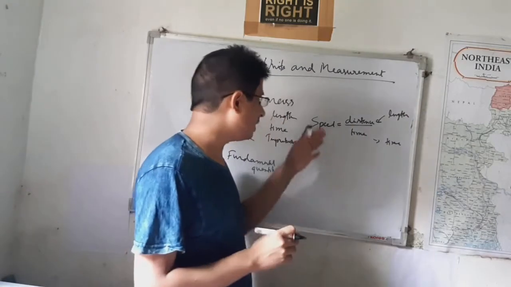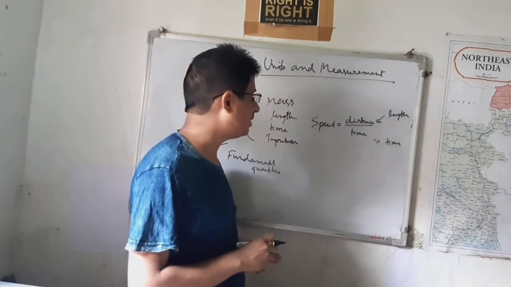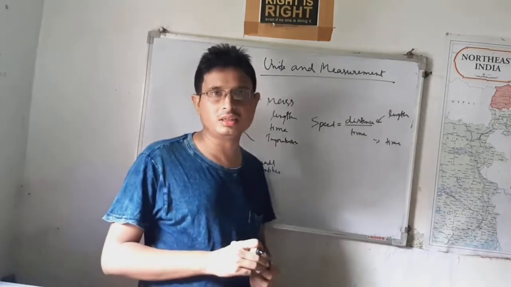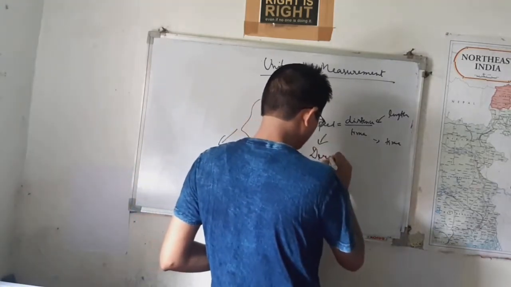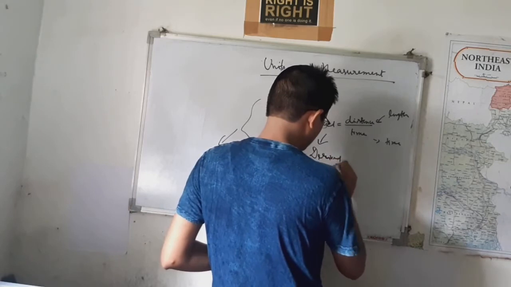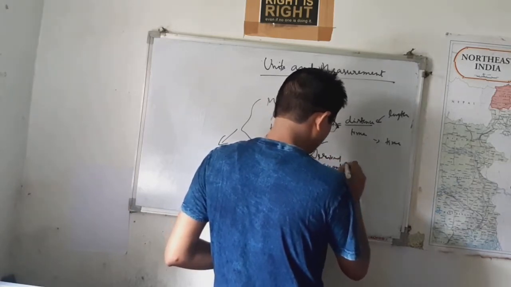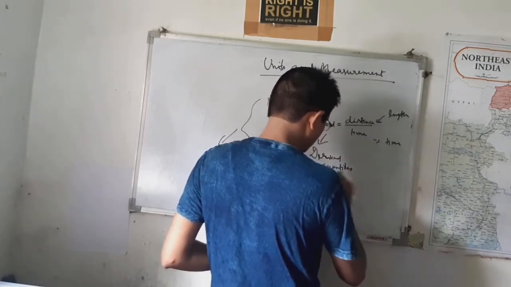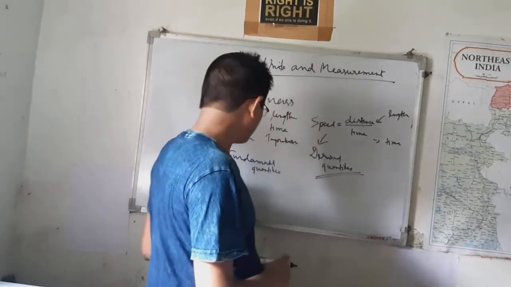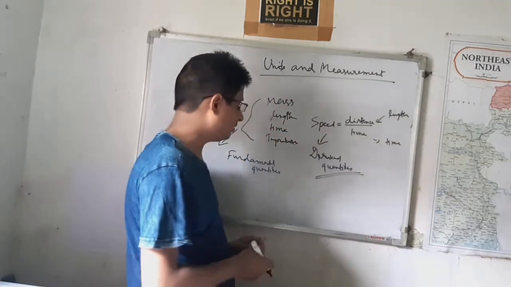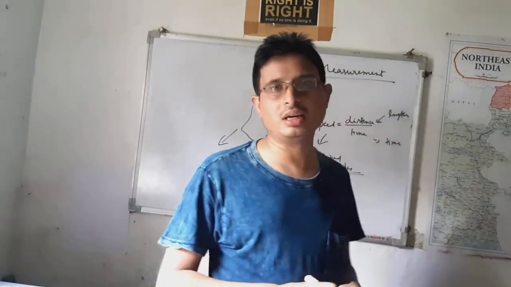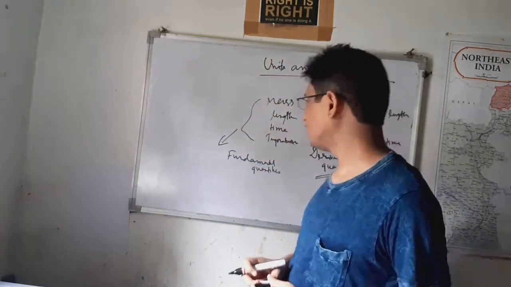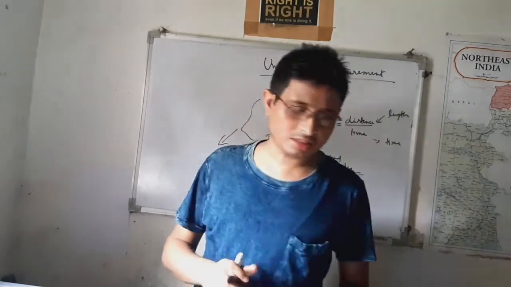These kinds of quantities which can be expressed with the help of other physical quantities are known as derived quantities. So we found two types of physical quantities: one is fundamental quantities, the other is derived quantities. Fundamental quantities are sometimes also known as base quantities.